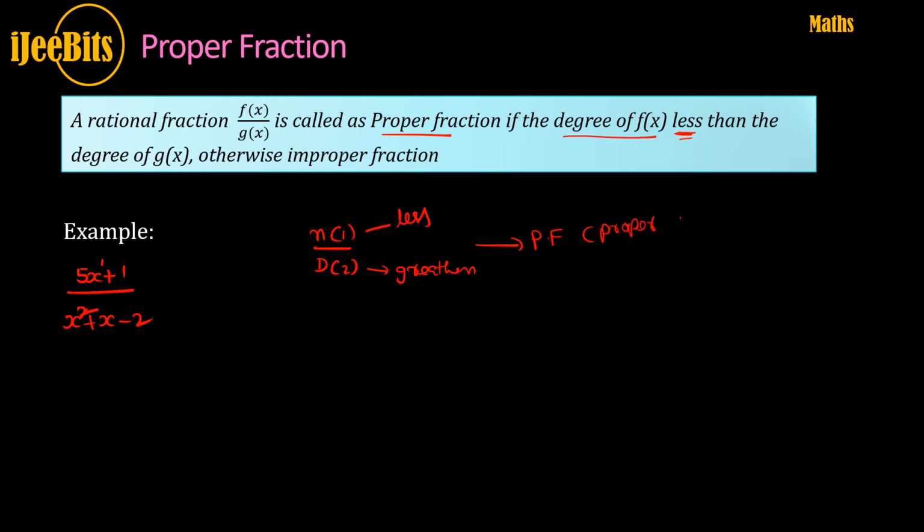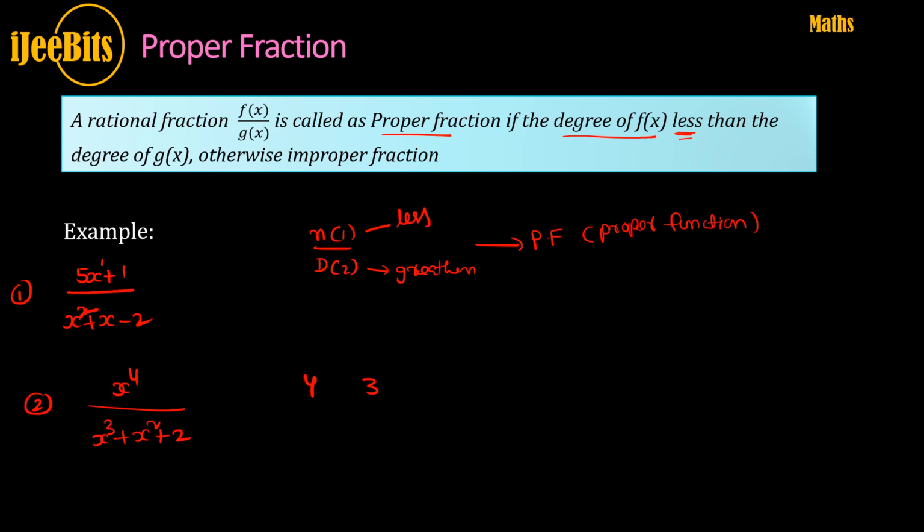So you understand how to identify a proper fraction and then an improper fraction? You can take one more sum. x to the power of 4 over x cube plus x square plus 2. Now you see the degree of the numerator polynomial is 4 and the highest degree of the denominator polynomial is 3.